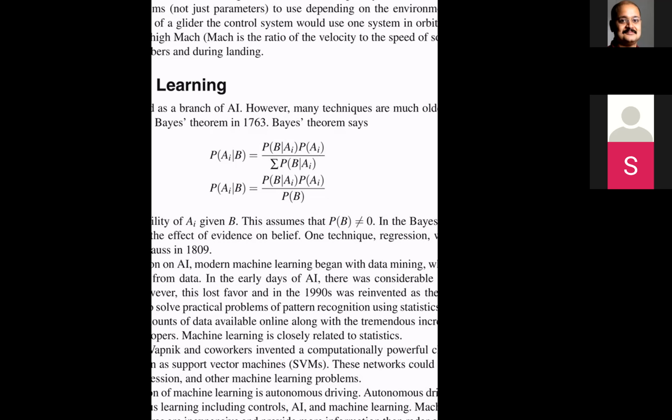Believe it or not, the Kalman filtering equations that we talked about can be derived from the Bayes theorem. I was surprised to see that in this textbook, they have used Bayes theorem to derive the Kalman filter equations that we discussed in the last class. Clearly, I don't have time to discuss how they get derived.